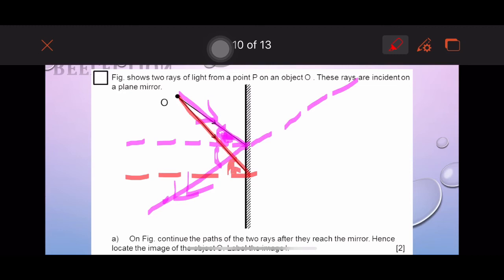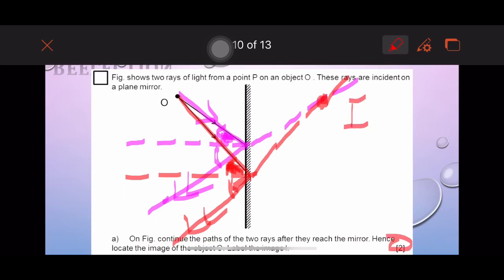Measure this angle using your protractor and draw a reflected ray over here using the same angle that you have measured. Then after that, you continue drawing backwards this way. Now where they meet, this is your intersection. The intersection of the two lines is where your image is, and then you have to denote it with I.